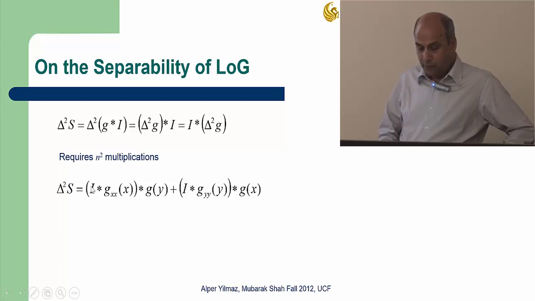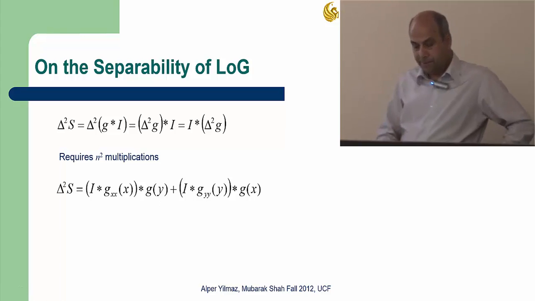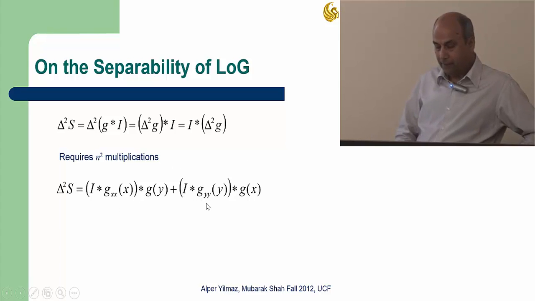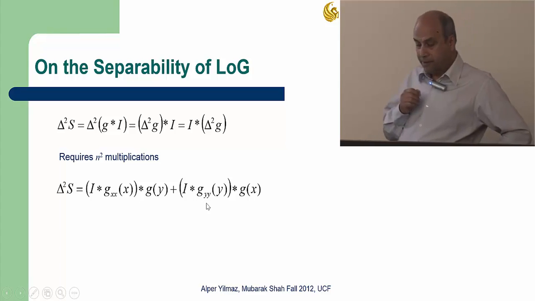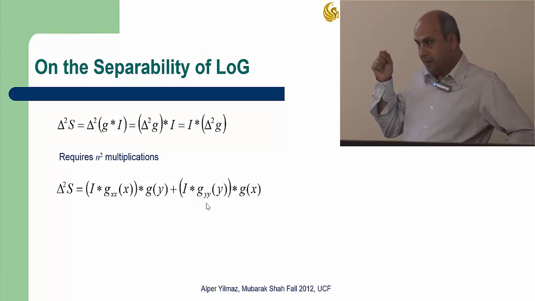So what we are going to do, we'll take an image, apply the second derivative of Gaussian mask in the x direction on each row, get the result, then apply the only Gaussian mask along each column. So we get one term. We repeat that thing: we apply the second derivative Gaussian mask in one dimension along each column, get the result, apply Gaussian along each row.